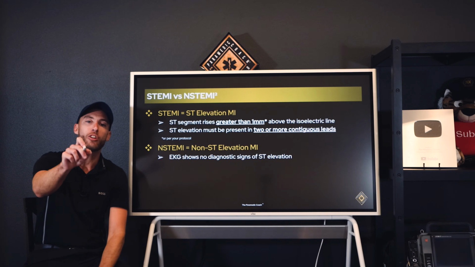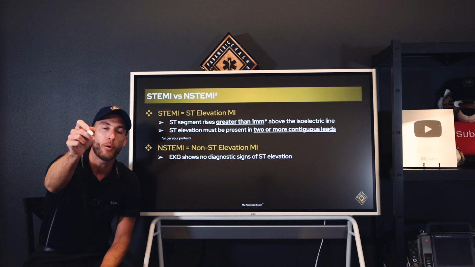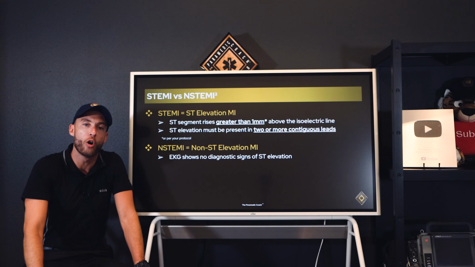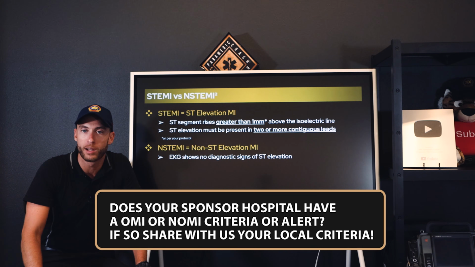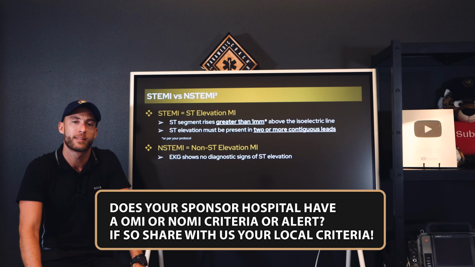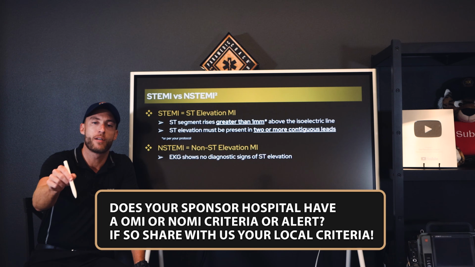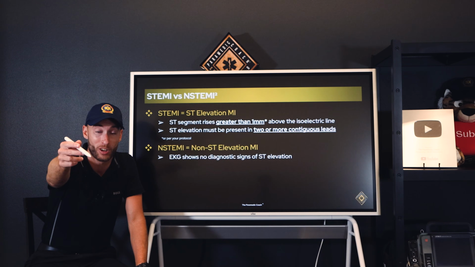And I need your help on this one. If you're someone who watches me here, I want you to go look in your local protocol. Do you have an OMI or NOMI criteria where you're working? If you're a student, just Google your protocols. I'm just so curious. Do you have an OMI or NOMI protocol in your area?